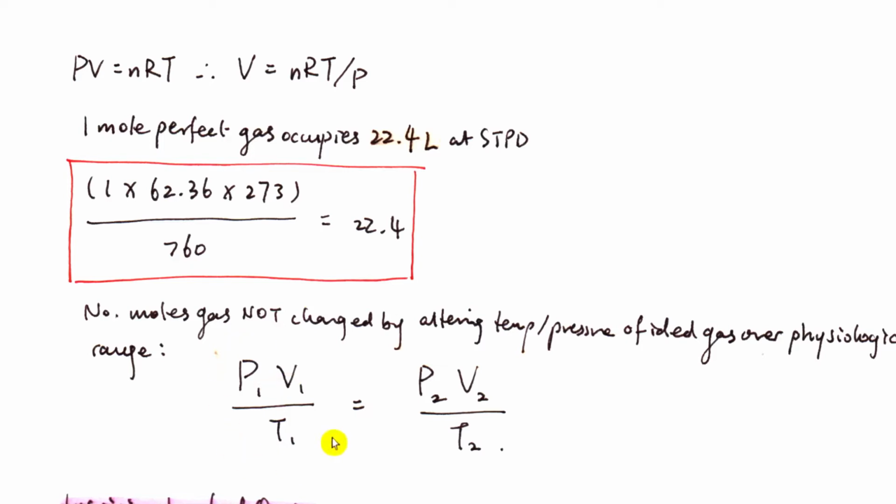So if you have gas 1 and gas 2, then the pressure of gas 1 times the volume of gas 1 divided by the temperature of gas 1 will be equal to the pressure of gas 2 times the volume of gas 2 divided by the temperature of gas 2. Hopefully that makes sense. We're just rearranging this equation and working on the basis that the number of moles is not changed by altering the temperature and pressure.